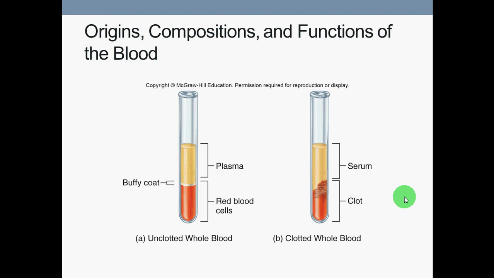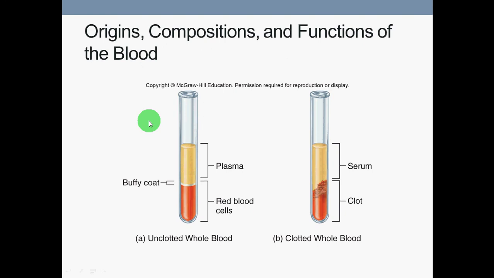If you take whole blood and you centrifuge it, so spin it down so that the heavy things, including the blood cells, go to the bottom of the tube, this is basically what you would see. On the left-hand side here, this is blood that is unclotted. Okay? That means that there are no blood clots going on, that those clotting factors are still present in the plasma.